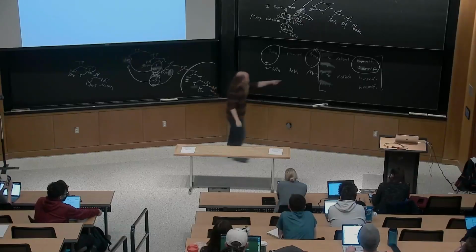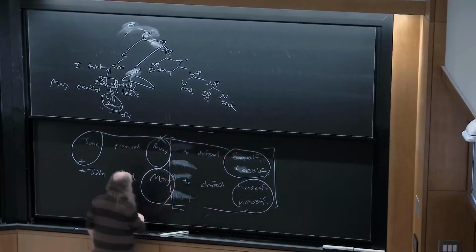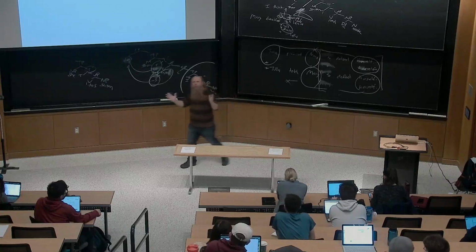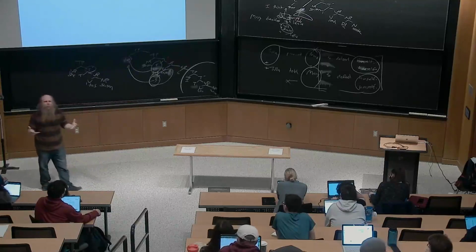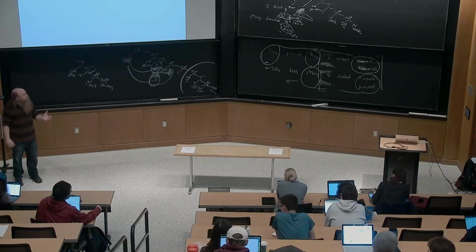And we want this position to be bindable by Mary, but not by John. Okay. And this is going to be hard, right? The first one is going to be especially hard. So far, our conditions just say anaphors have to get bound by something that's close enough to them. Yeah, that co-refers with them.